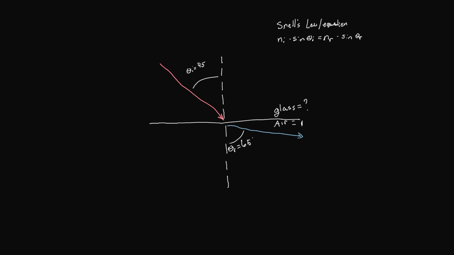So we're going to have our Ni times our sine of 45, which is then going to be equal to our Nr, which we said was 1, times our sine of 65.